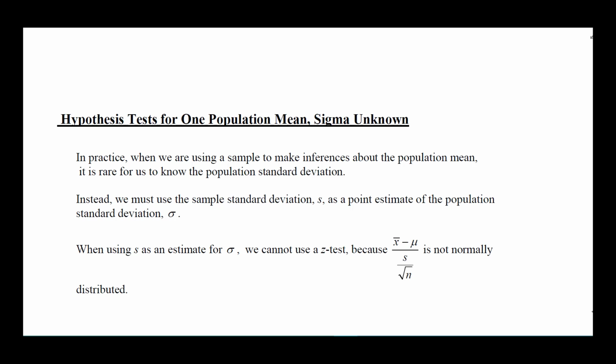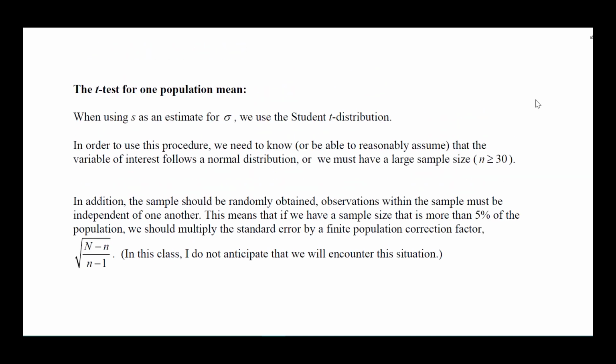But when you're using the sample standard deviation, they are not normally distributed. So, as we have talked about before, when we did confidence intervals for this situation, then we need to do something else. And we're going to end up using the t-distribution instead of the z-distribution. So we're going to do a t-test for one population mean.